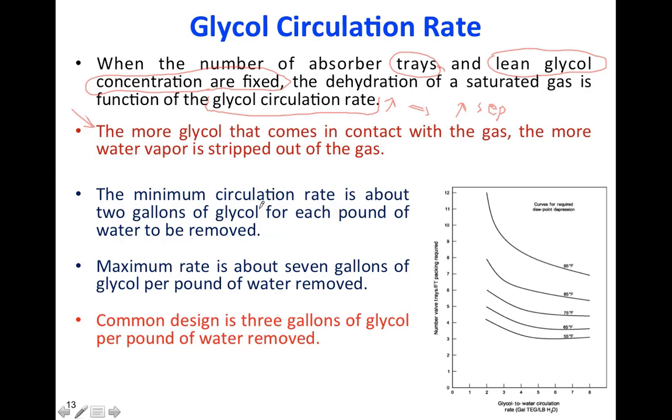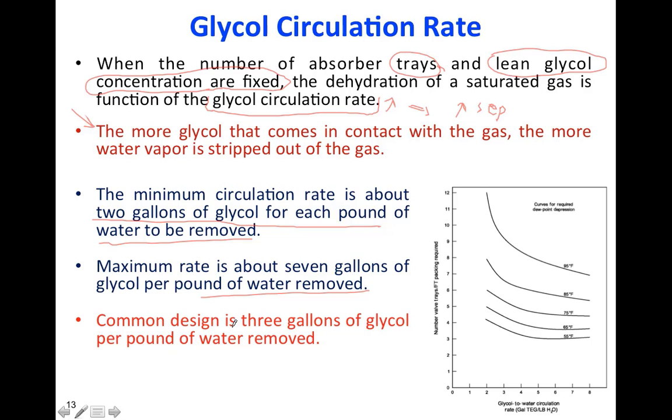So the minimum amount of circulation rate is 2 gallons of glycol for each pound of water that we want to remove. So for each pound of water that we want to remove, we need at least 2 gallons of glycol. And there is also, of course, a maximum for that. Maximum is 7 gallons per pound of water to be removed. Maximum is 7, minimum is 2.